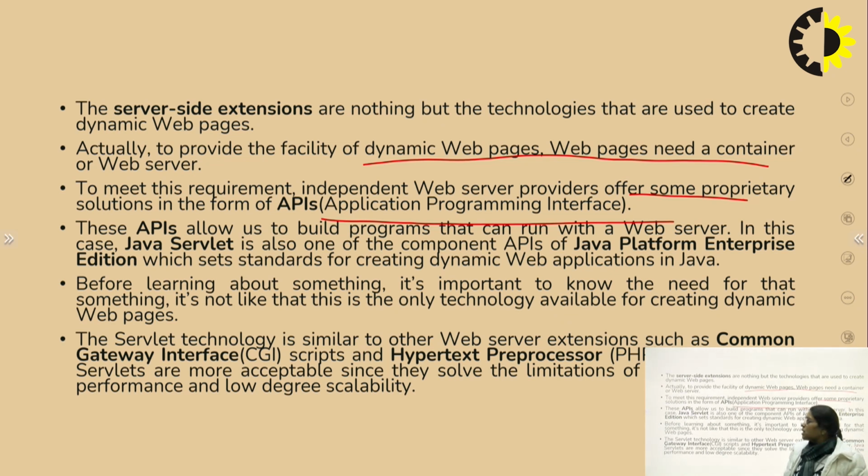If we are talking about Java servlets, a Java servlet is also one component of the API, and it runs on the Java platform, that is, the Java Enterprise Edition. Basically, we have two editions of Java: one is the Java Standard Edition, and the second is the Java Enterprise Edition.